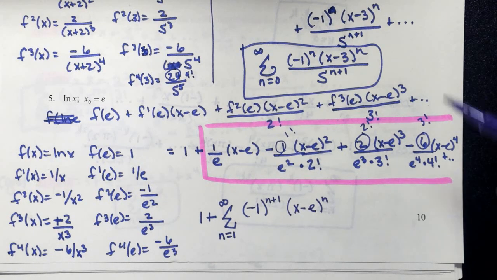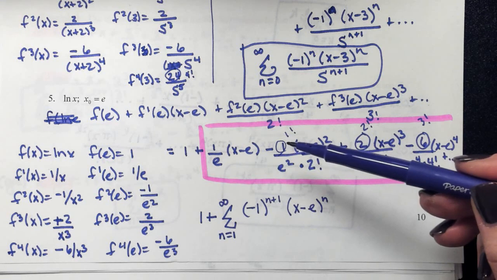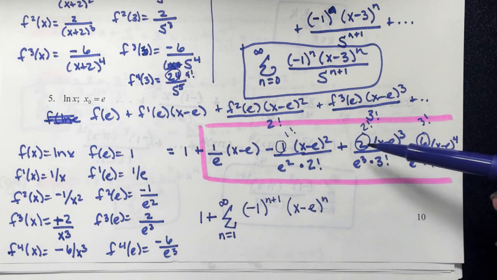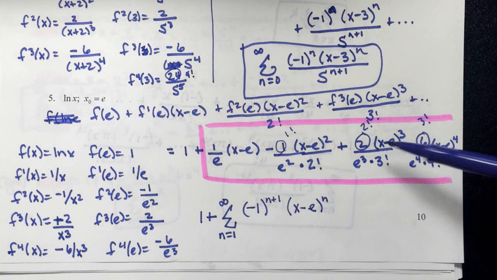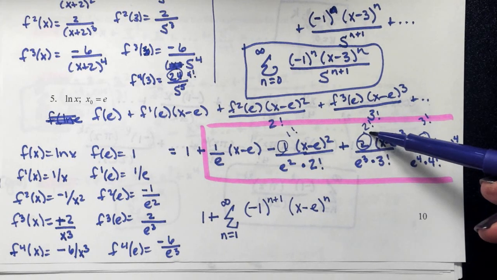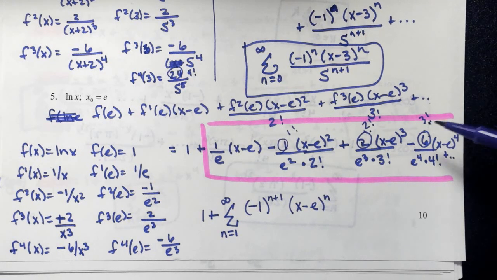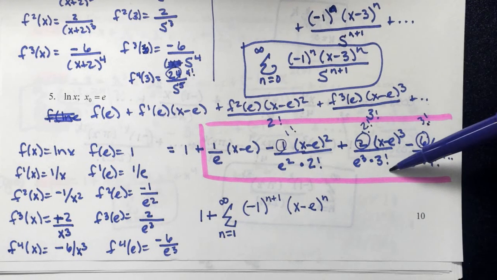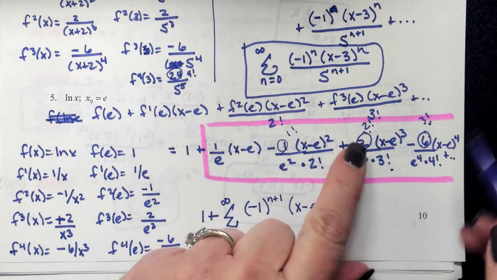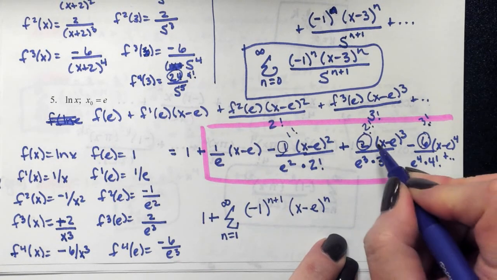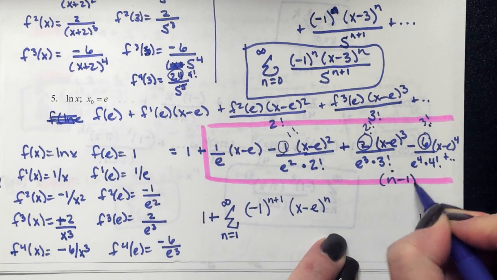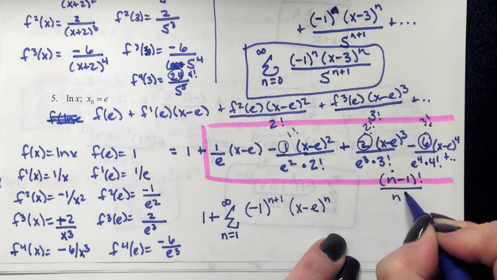Now, let's take a look at these coefficients. We end up with a 1, a 2, a 6. We know 2 is equivalent to 2 factorial. 6 is equivalent to 3 factorial. If I took it out again, I'd end up with a 4 factorial. But I can't cancel a 2 factorial with a 3 factorial. However, what you can do is simplify your factorials, because really what you have here is an n minus 1 factorial divided by n factorial.